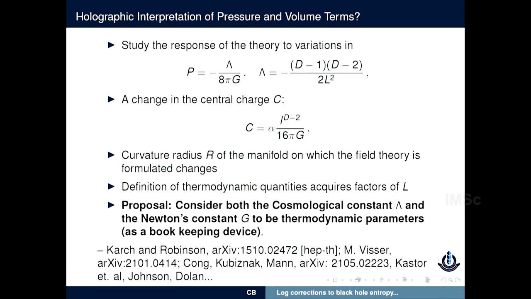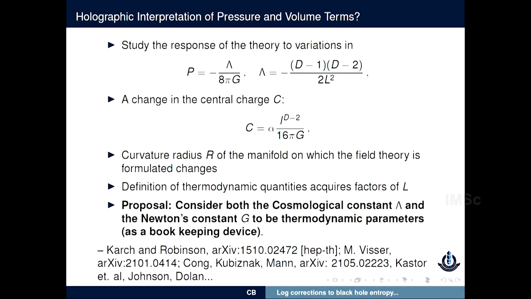Now the second place where the effect of a variable cosmological constant comes in is the curvature radius of the manifold on which the field theory is formulated. Typically, when you have AdS, there is a factor of R square by L square in the blackening factor. When you go to the boundary, you will have to multiply it with L square by R square to get the boundary metric.